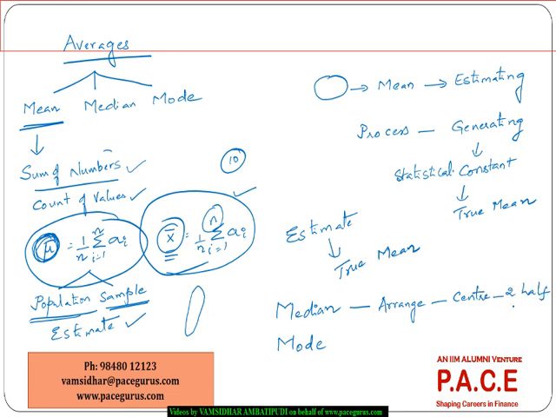Half of the data is below the median value and the remaining half is above it. That is how we identify the median of a data set. And the mode is that particular observation that occurs with the highest frequency.